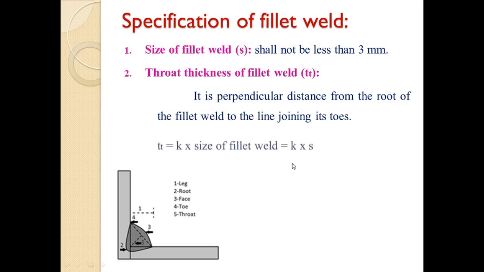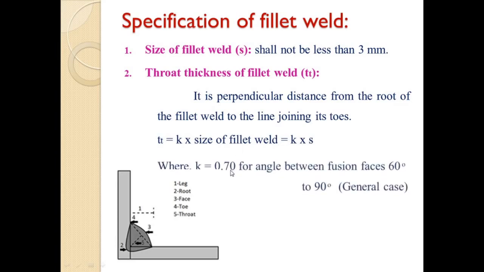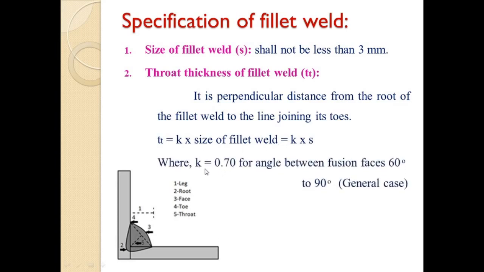So this throat thickness is taken equal to K into the size of fillet weld, that is K into S, where the value of K for different angles between fusion faces is given in the IS code. For an angle between fusion faces of 60 degree to 90 degree, which is the general case, we take the value of K equal to 0.70.